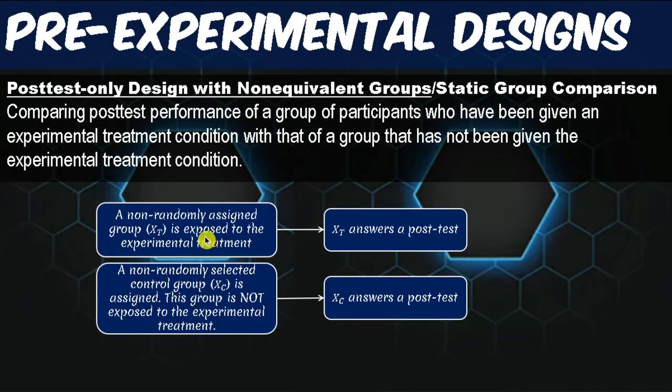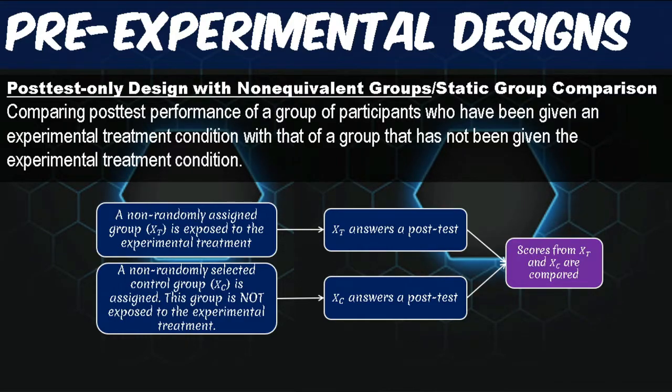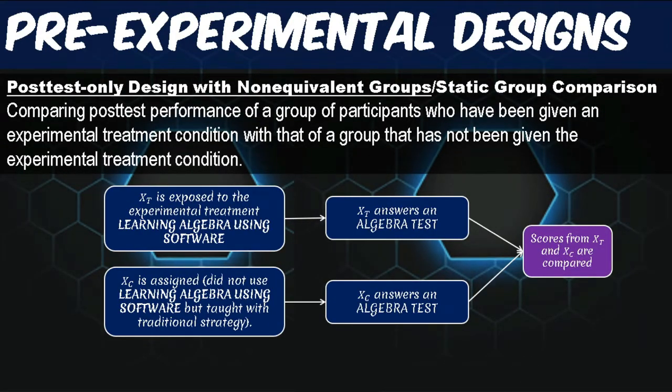You just have two groups and then let them answer a post-test. You haven't even integrated a pretest or initial measurement in this design. Yes, and then the scores here are compared. By using the same example and using this particular design, our experiment will look like this.